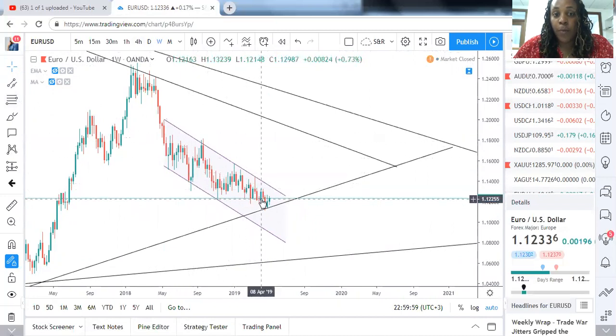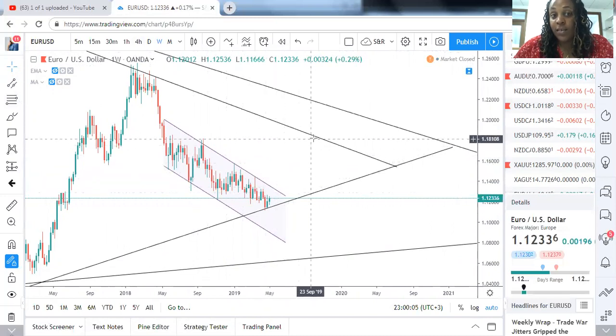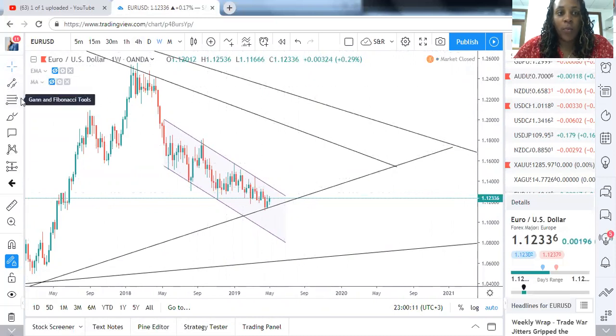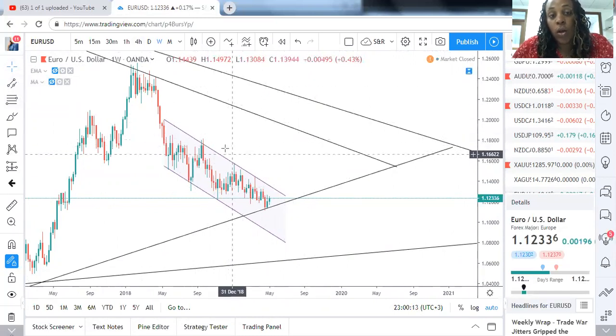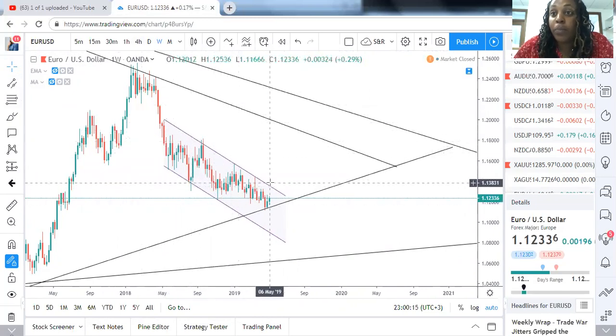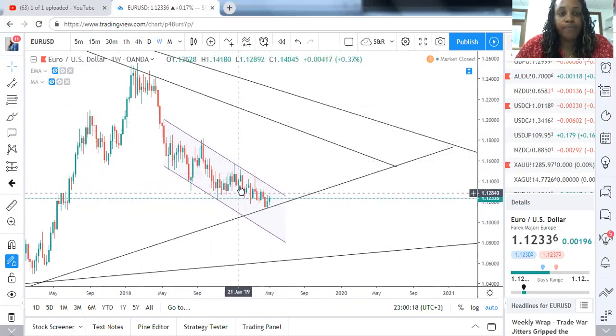So we're looking for price now to bounce off of this trend line and make its way back up at least to our inner trend line here, right? So this is the direction that we're looking for price to go, just like identifying price action. All right.